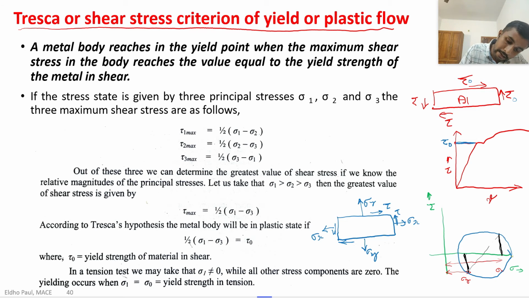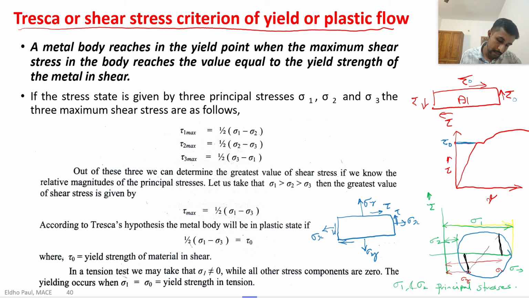From this circle, what is this value? That is sigma 1. And what is this value? This is sigma 2. Sigma 1 and sigma 2 are nothing but the principal stresses. From the Mohr circle we can calculate sigma 1 and sigma 2.